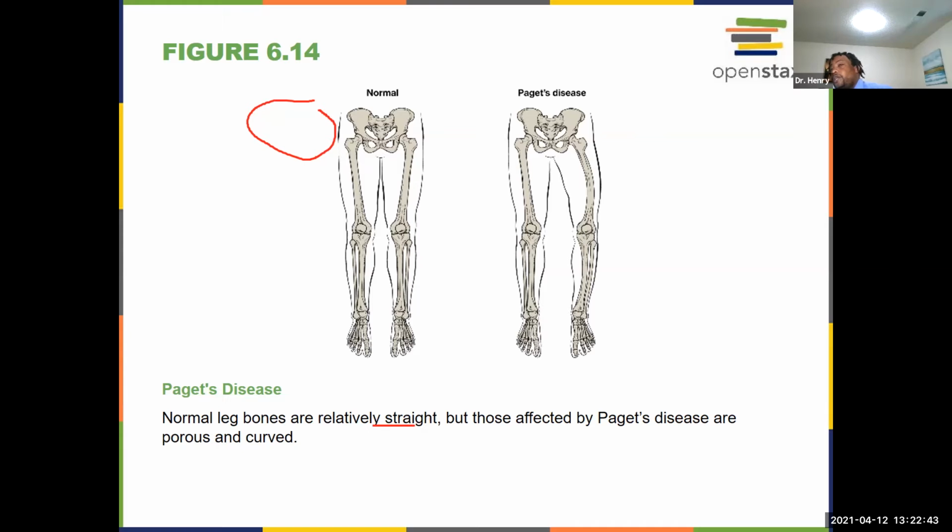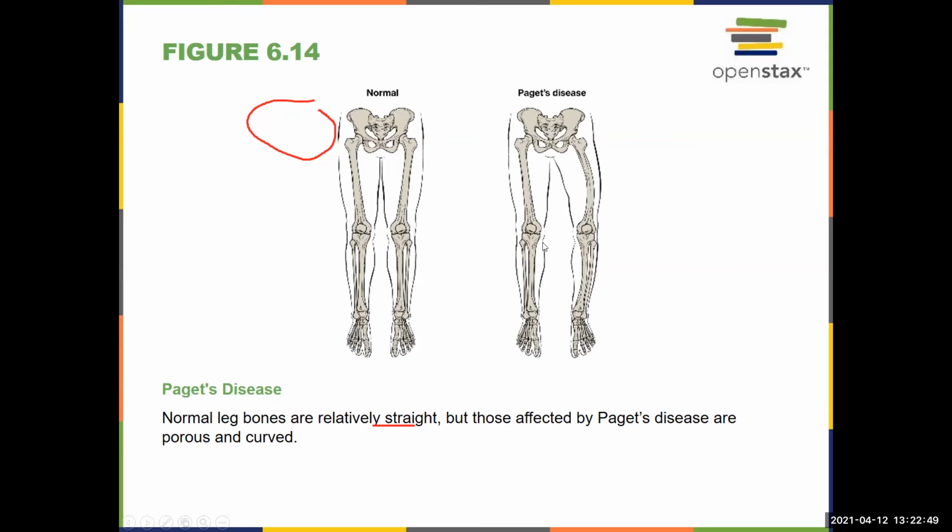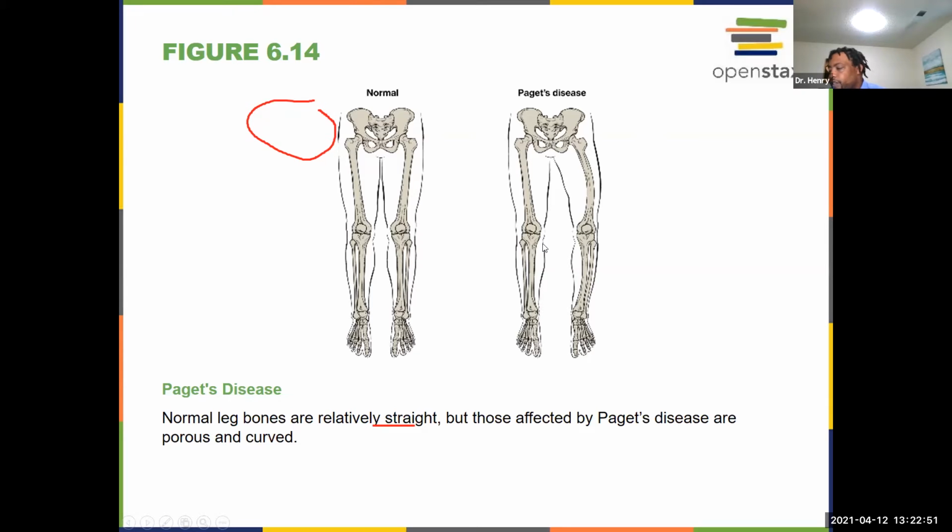Okay, so can you guys see the difference here? So these individuals are going to have very brittle bones, so they're going to have issues with bone breakage and things like that. They can't get too heavy, because then that weight can cause major impact on them, since the bone is very porous.